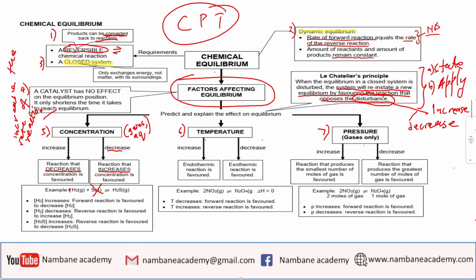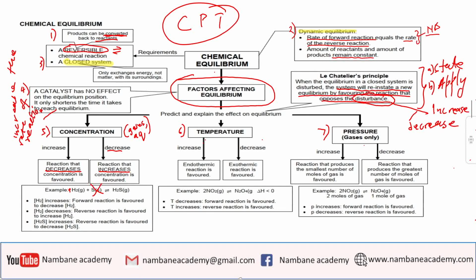By forming the products. Which reaction forms the products? The forward reaction. Then we will be in a position to say the concentration of H2 will decrease, the forward reaction will be favored, and then more H2S will be formed. But that will come when we explain Le Chatelier's principle in detail.